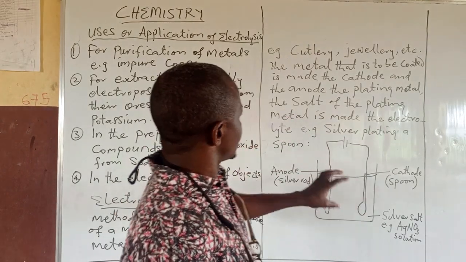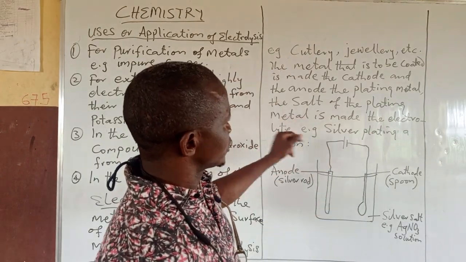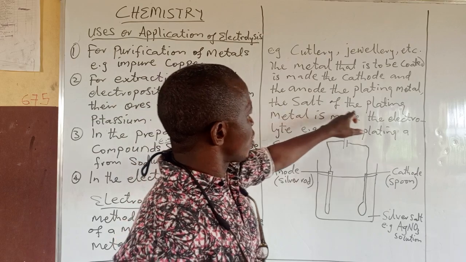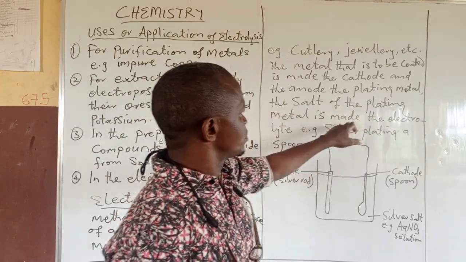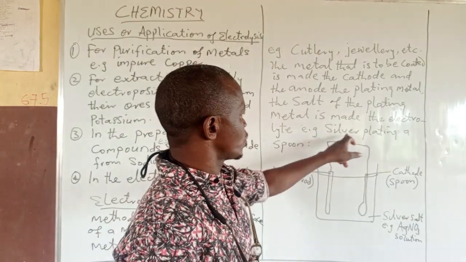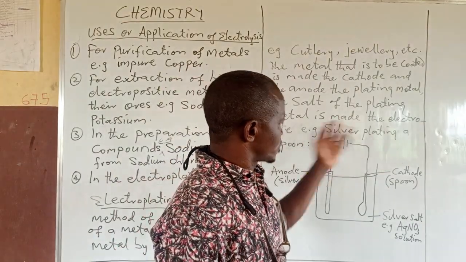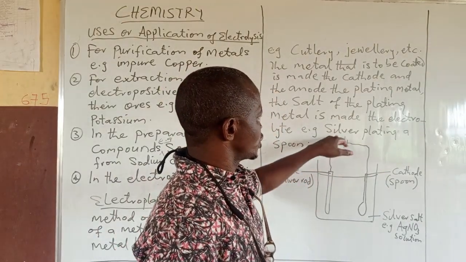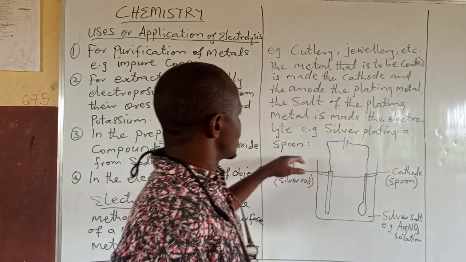The salt of the plating metal is made the electrolyte. An example of such is silver plating a spoon.